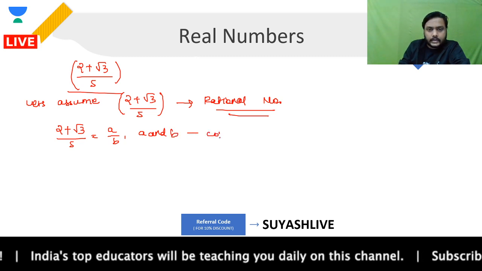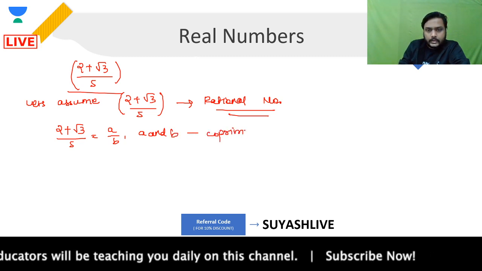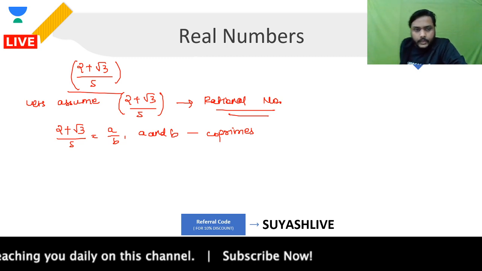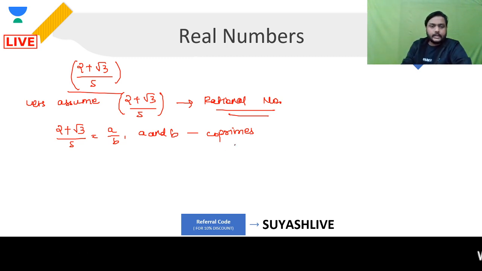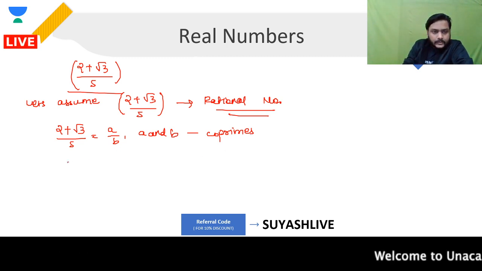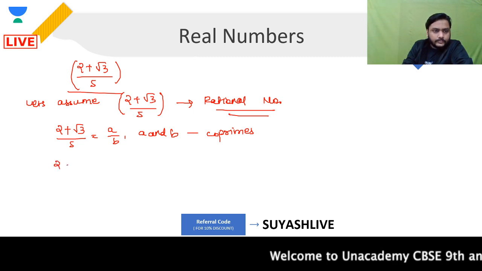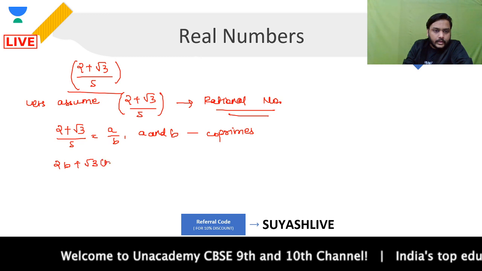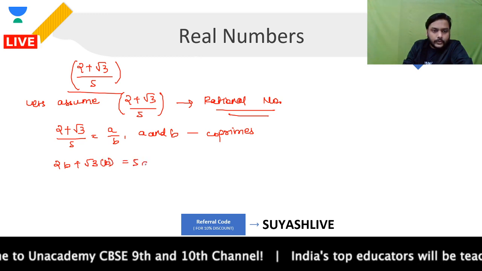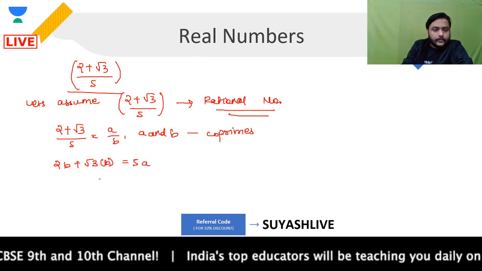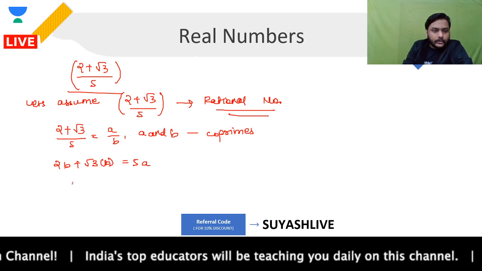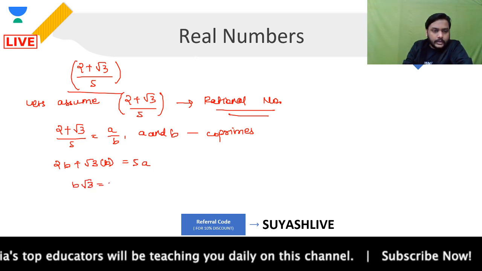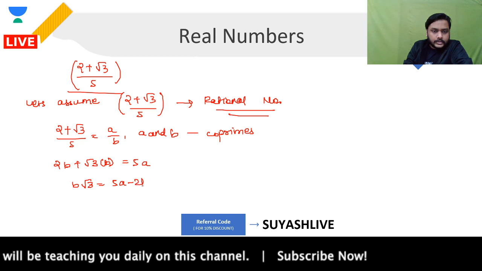We will do this question now and one more question that came in 2019. Cool. Your a and b are co-primes. Now again I will arrange it. I have 2b plus root 3 into b is equal to 5a. From here, b root 3 is equal to 5a minus 2b.